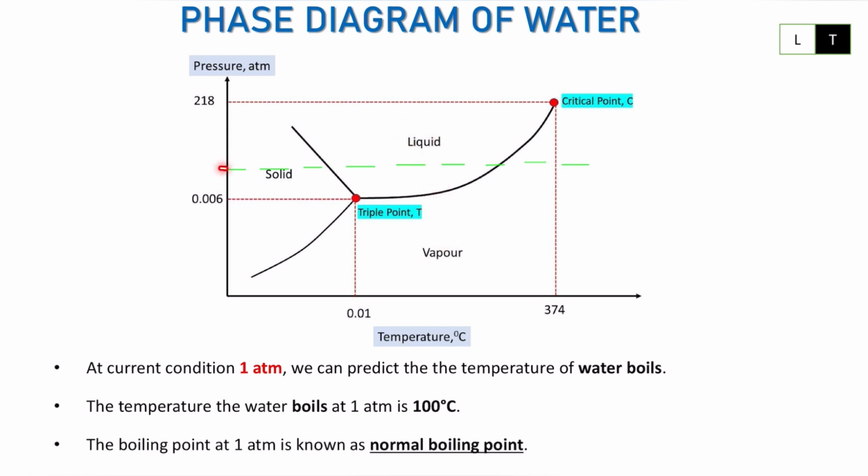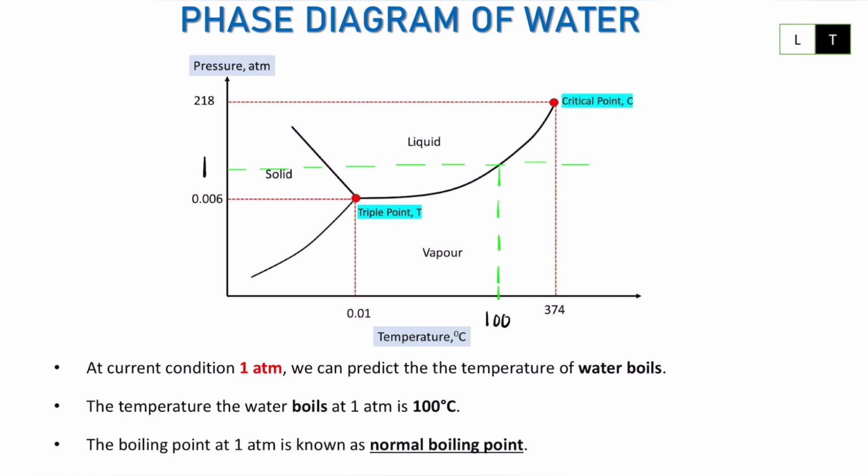Cuma at 1 atm here, this is my 1 atm, saya akan dapat point saya dekat sini, touch the vaporization line. So I'm going to drag this point, getting down here, saya akan dapat temperature which will be 100 degree Celsius. So ini temperature yang kita panggil sebagai normal boiling point.